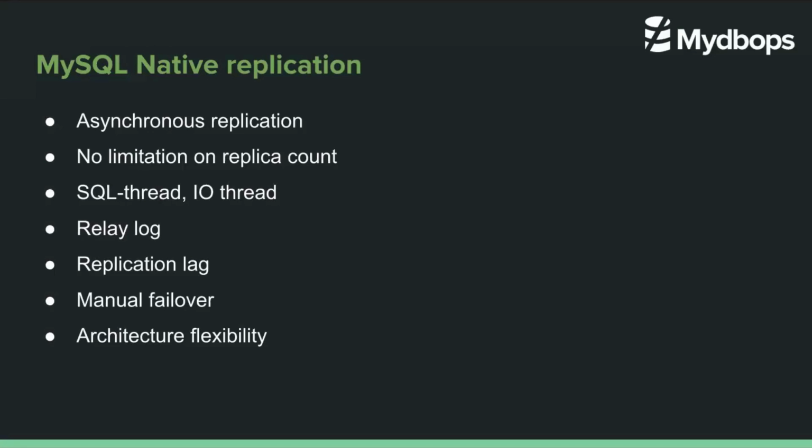The IO thread is going to pull the data from the source server and apply it on the replica server using the SQL thread. The IO thread pulls the data and keeps it in the relay log. From the relay log, the SQL thread pulls the data and applies it to the server.